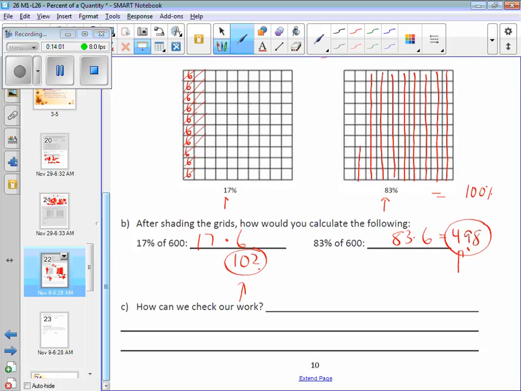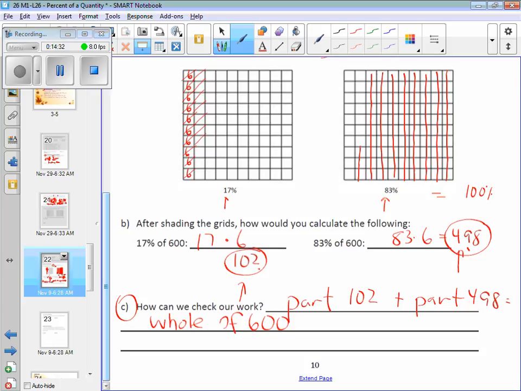Okay, so going to see how we could check our work. Well, I kind of showed you. Part 102 plus part 498 equals whole of 600. So you kind of add your 2 parts together and it's supposed to make the whole. That's method 1. I'm going to show you method 2, which I think you'll like better than method 1. Yeah. I still don't get how it's part and whole.